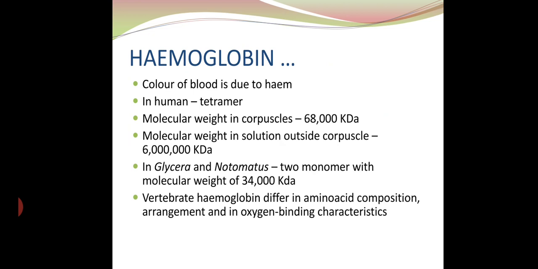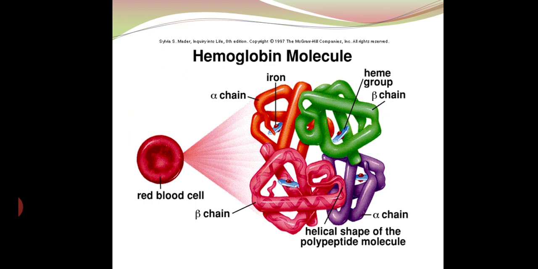In vertebrates, hemoglobin differs in amino acid composition from the invertebrate arrangement and in oxygen binding characteristics. And this is the attachment on the surface of the RBC. In the stroma of the RBC, hemoglobin is attached.